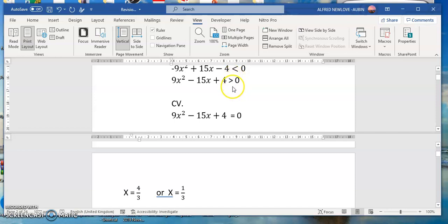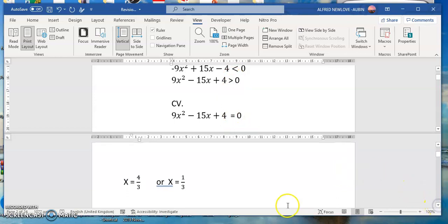If I draw a line here, a straight line here, it looks like O. So the first thing that I'm going to do, I'll write my X, leave a space, write the smallest value. Which one is the smallest value? 1/3 and 4/3. The smallest value is 1/3, so I'm going to write that one.